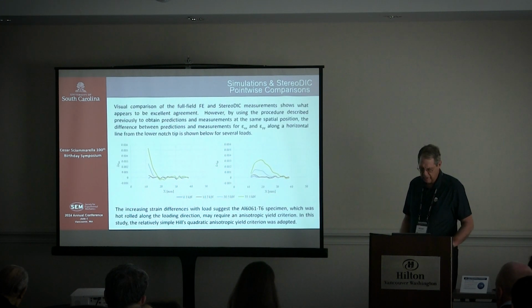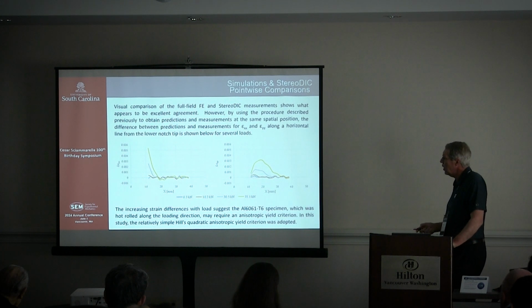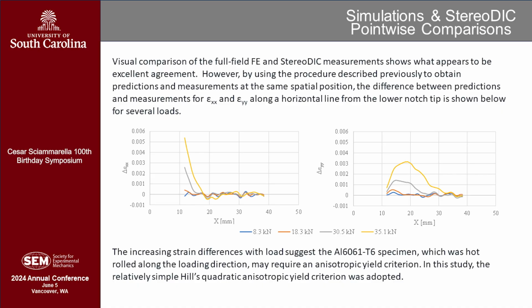What we did was go in and take that white line you saw at the bottom notch, and plot the strain along that line. In this case, this is delta x, EXX, the difference between the finite element and the measurements. And we clearly see, as we get closer to the notch, we got a problem. The strain accuracy is almost 6,000 microstrain off.